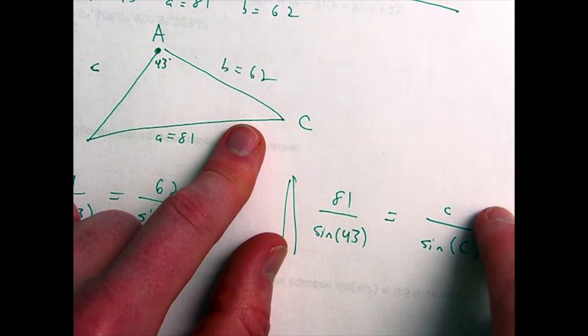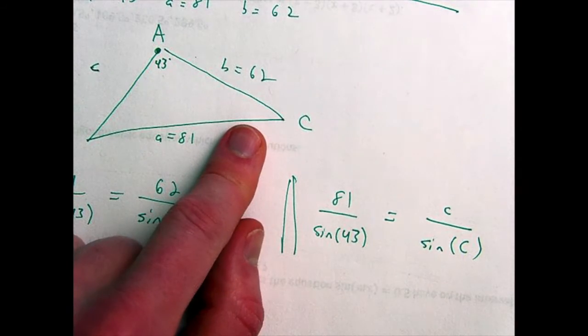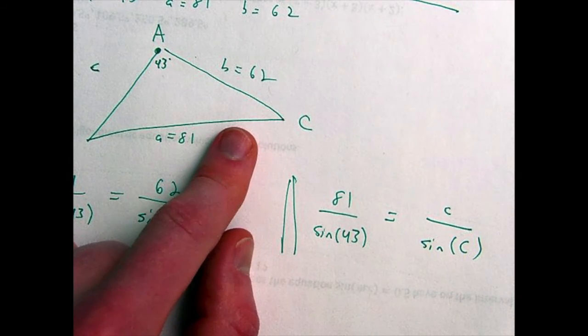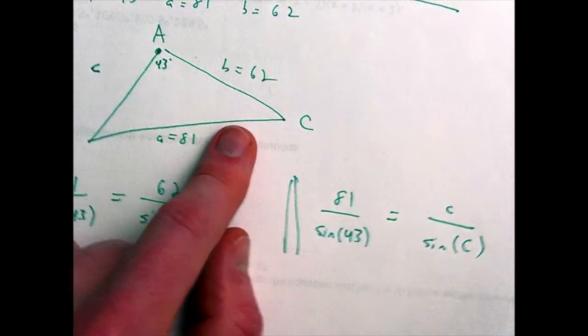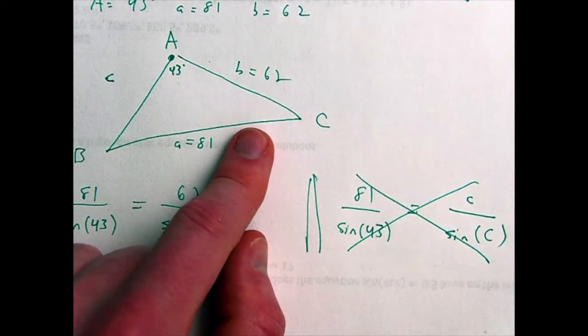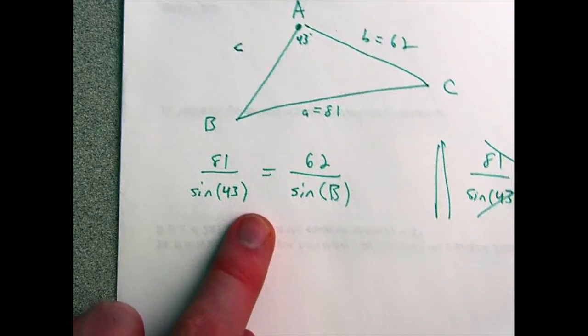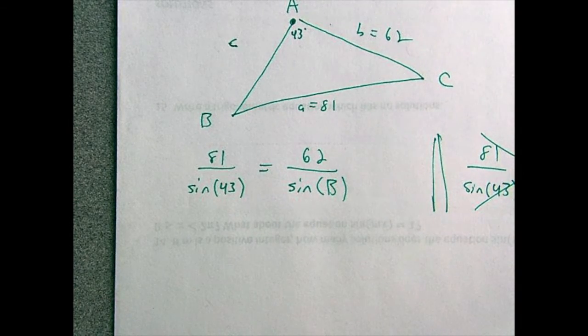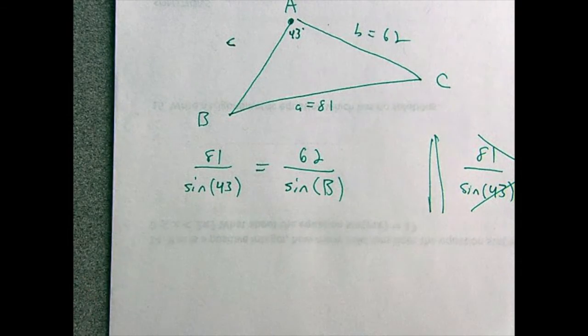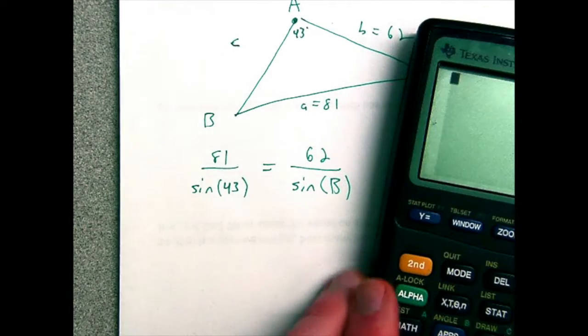Whatever little c and big C are, this equation will be true, but it's useless because it has two unknowns, little c and big C. So that would not be helpful. All right, you always want to set up your equation so that there's only one unknown. Anyway, this is like the equations you did on homework, except the angle is the unknown now, not the side.